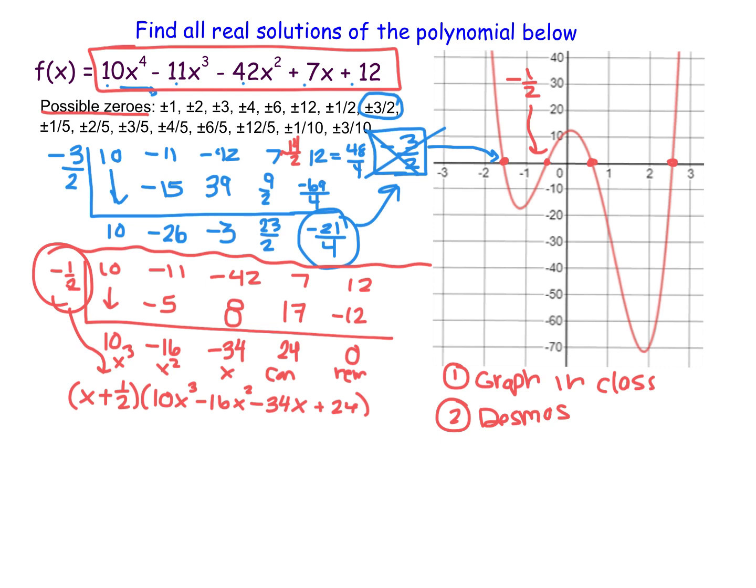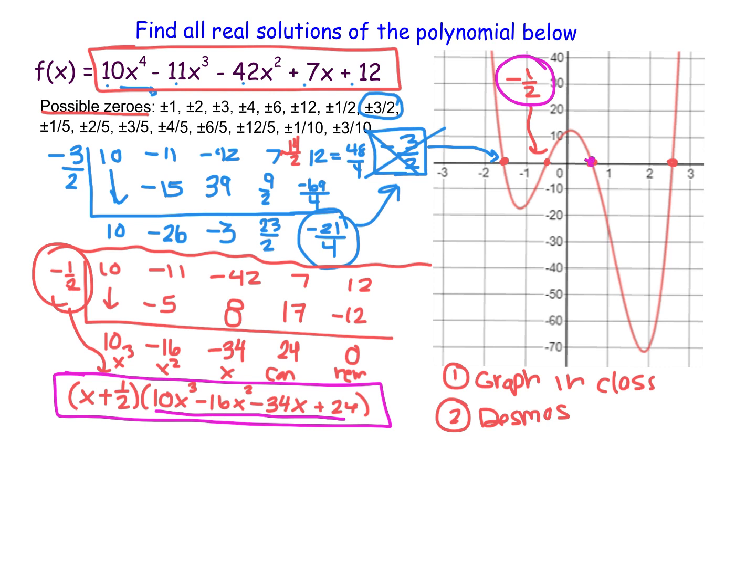So I've now found one of my 4 factors. So better than nothing, but not quite done. So now I'm going to have to test out another one. And I'm going to start from this piece right here and focus on finding another factor of that 10x cubed minus 16x squared minus 34x plus 24.